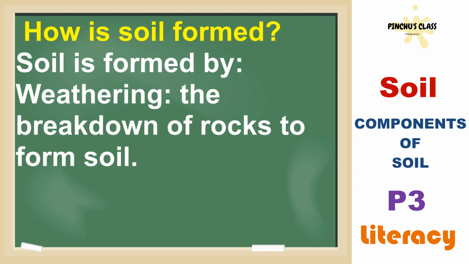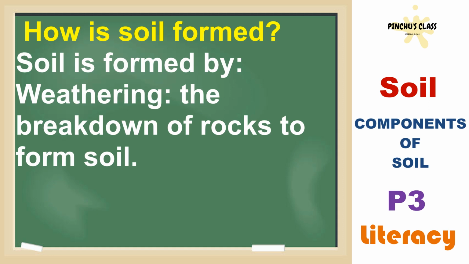Soil does not fall like rain. It is formed. And it is formed by two ways. Do you know the two ways? Soil is formed by weathering. Now, what is weathering? Teacher, do you mean weathering the sunny, rainy? No, not that one. So the first one is weathering.